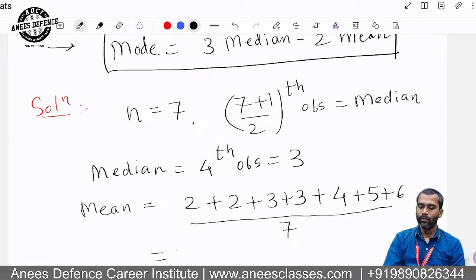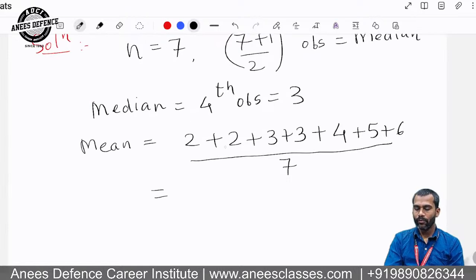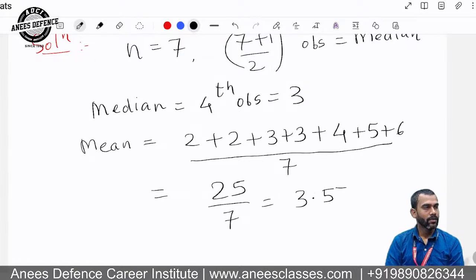So 2 plus 2 is 4, 4 plus 3 is 7, 10, 14, 19, 25. 25 by 7. 7 threes are 21, 7 fives are 35, and 7 sevens are 49. So this is nothing but mean.